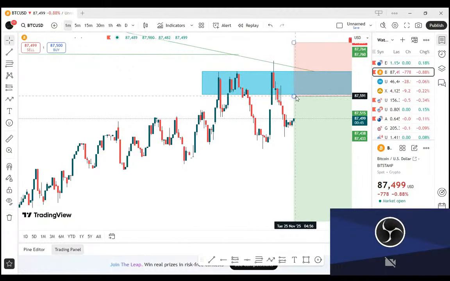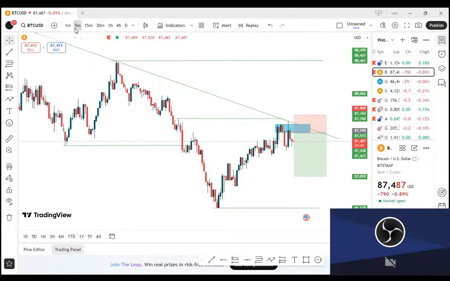Price is pushing all the way back up here, and so the buyers are buying all the way back to the highs.